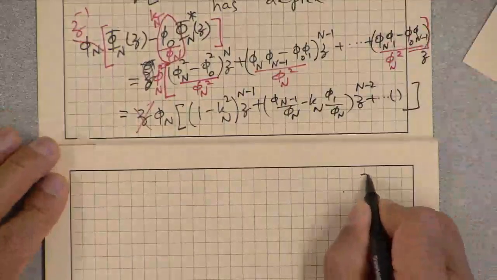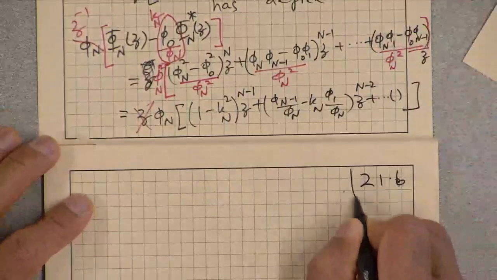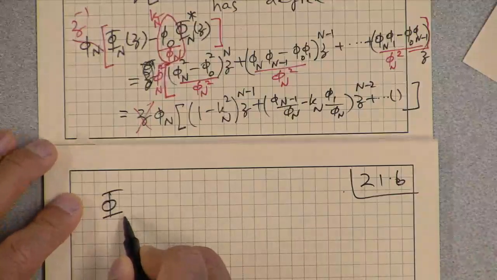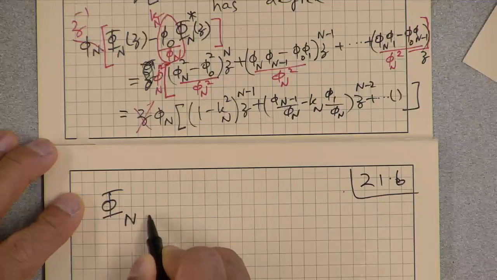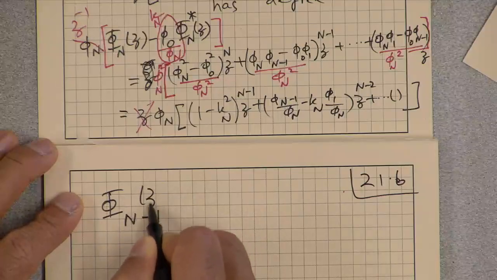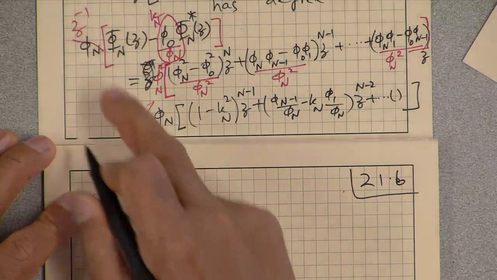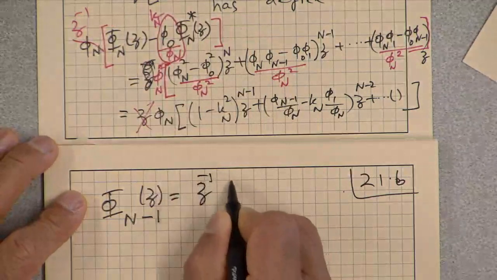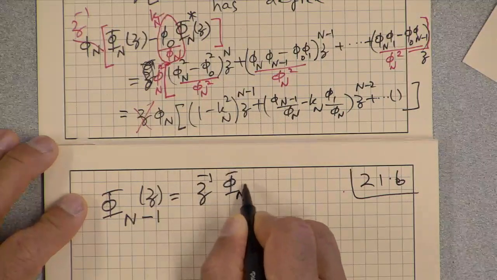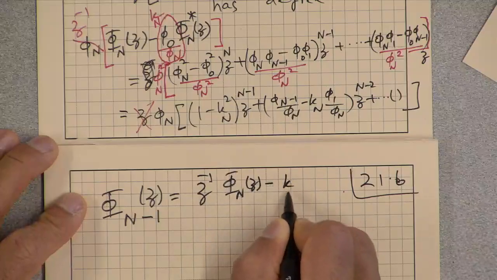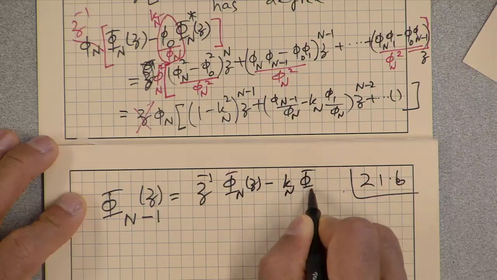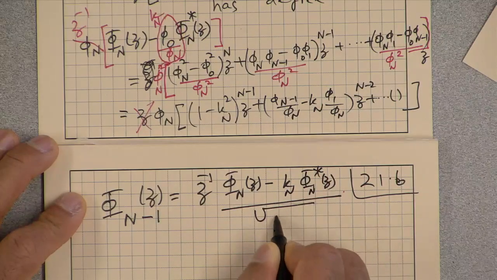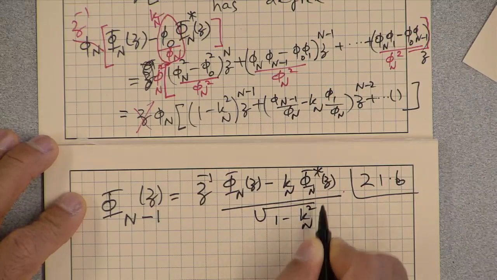The degree reduction process for the phi polynomial, or the orthonormal polynomial, is defined as phi n minus 1 z equal to what we had here, divided by the square root of 1 minus Kn squared.